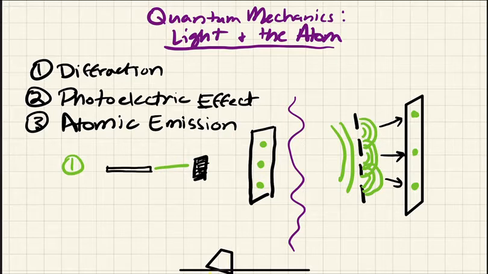Okay, so let's get into what's happening in the diffraction grating part of the experiment. You will be given a laser pointer of a specific color, and the color is tied to a specific wavelength that is put out by that laser pointer.